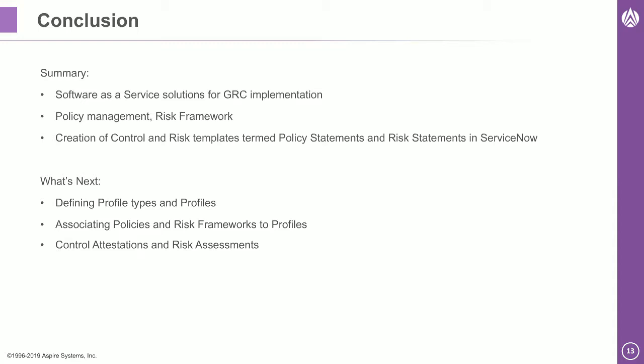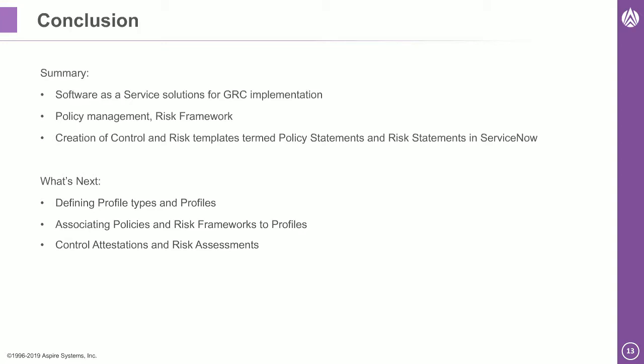And in the forthcoming sessions, what we will be seeing is creating profile types, associating the risk statements, risk framework, and the policies to the profile types, and doing an assessment of the risks and attestations of controls.